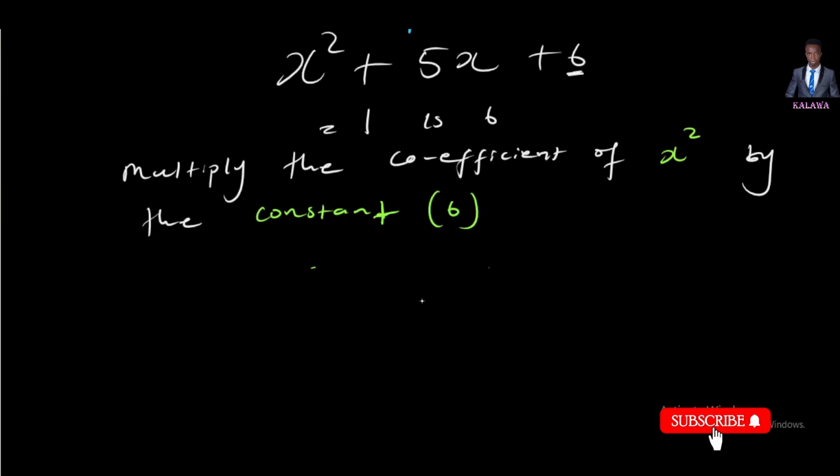So if we multiply these two, it's going to give us the coefficient of x squared, 1, by 6, and it is 6. So that's the first step.